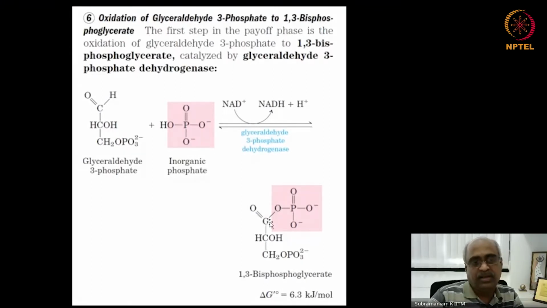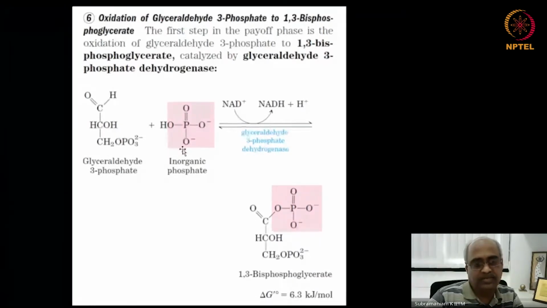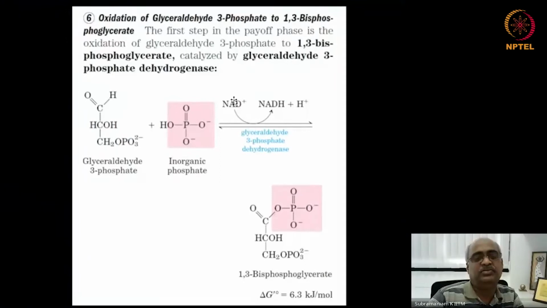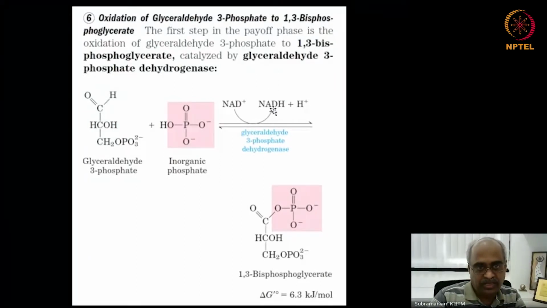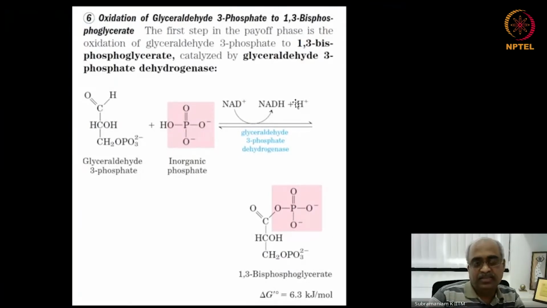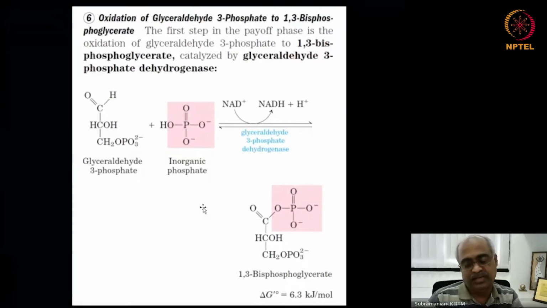That's one. And the second part of the oxidation energy, in terms of the electron transfer, is used to reduce NAD to produce NADH. This carries the hydride version of electron transfer, so 2 electrons and a proton, so 1 proton goes into the medium. So this is the first step of the energy yielding phase of glycolysis.